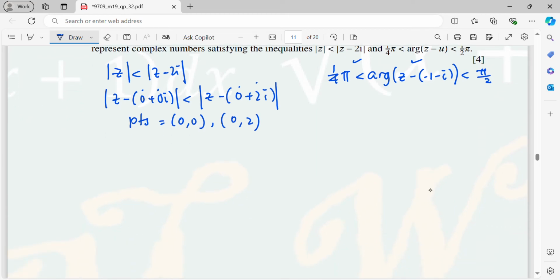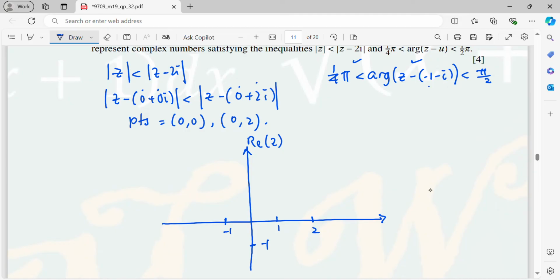Okay, so now I will sketch. Your u is minus 1 minus 1. Therefore, say here minus 1. This is minus 1. And then points we need (0, 2). So here 1, this is 2. This is real axis.